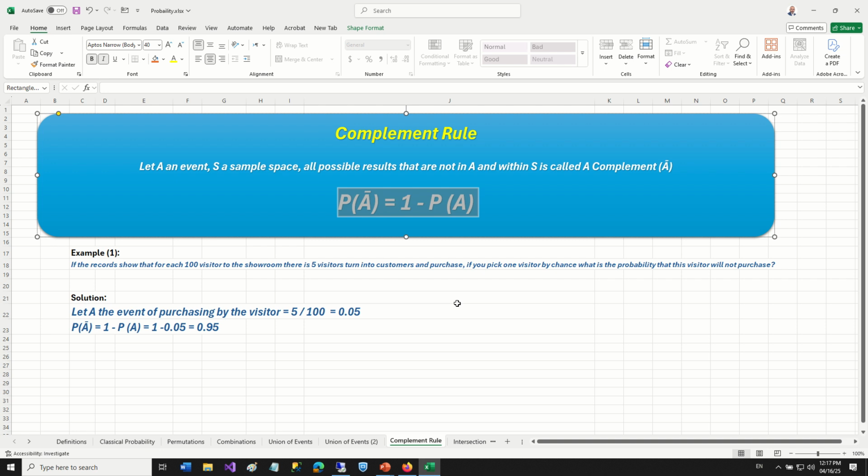So why are we subtracting from 1? Because as a rule in probability, all probabilities must be between 0 and 1. So 0 means impossible and 1 means 100% certain.